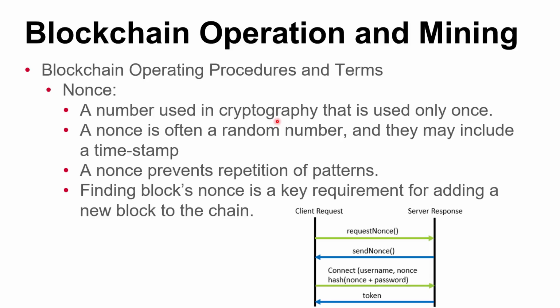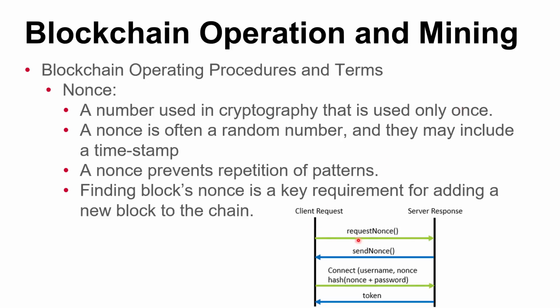So if anybody had thought that they could go in and cause difficulties on the blockchain by looking at patterns, the nonce is there to prevent any kind of patterns. And finding the block's nonce is a key requirement for adding a new block to the blockchain.